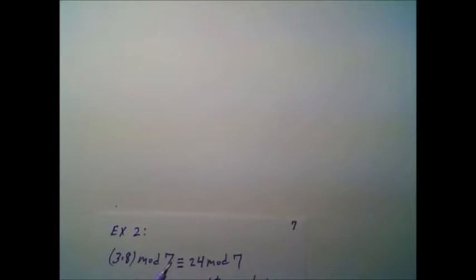If you said 3, you're correct. 7 will go into 24 3 times. So that means we're going to have 3 complete revolutions. And after you multiply and subtract, you have the remainder. And what would the remainder be in this case?